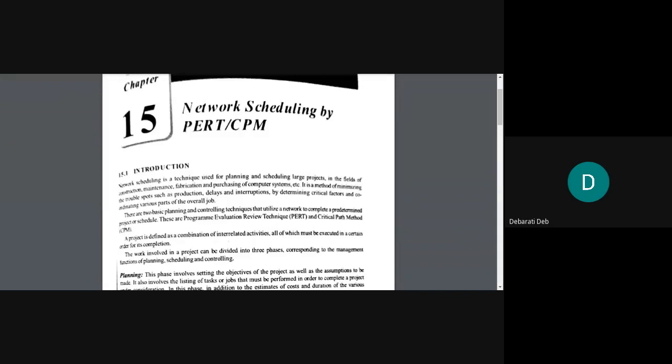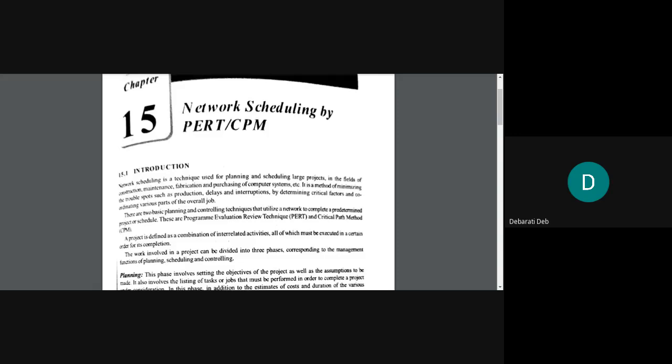So suppose a company only deals with those big projects for which a lot of planning and investment is required. In order to accomplish those projects successfully, network scheduling is very important.